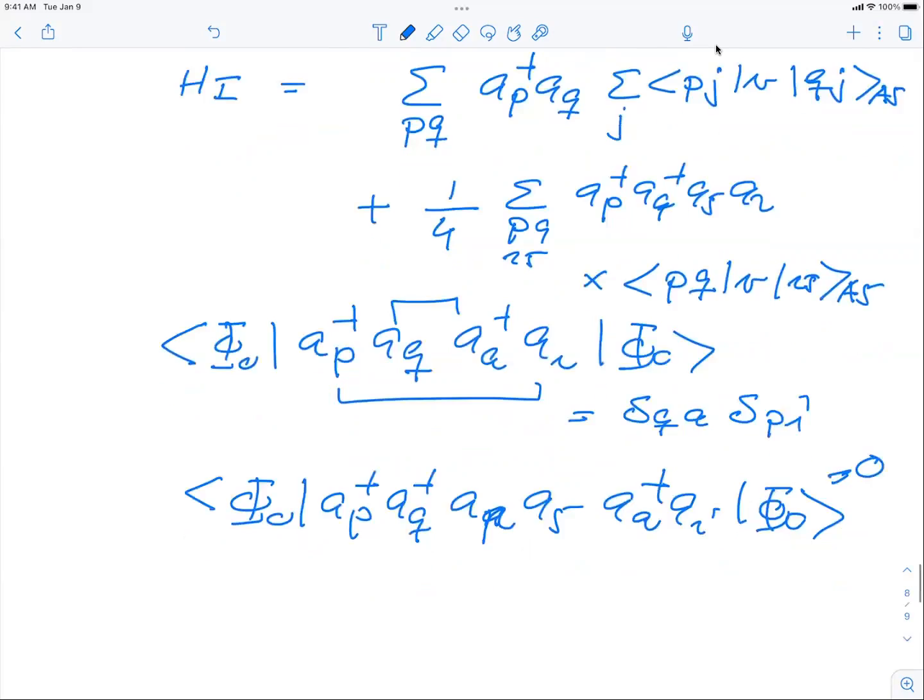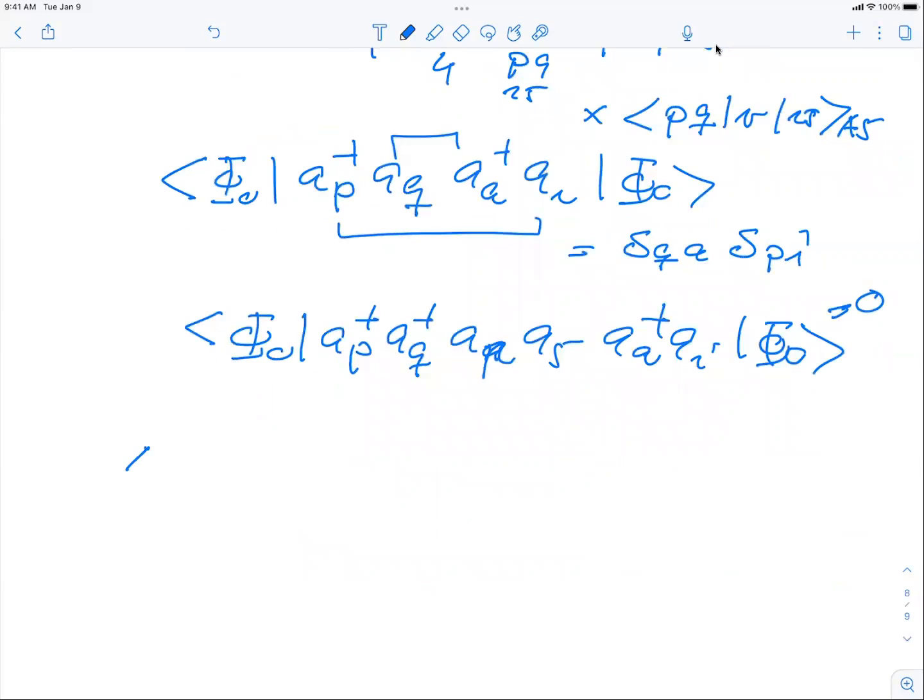So what we have then, for this specific term, we get a contribution Δ2, which is given by a sum over a and i, and I have a matrix element, which is given by the interaction matrix element. Let me just write it out here properly.